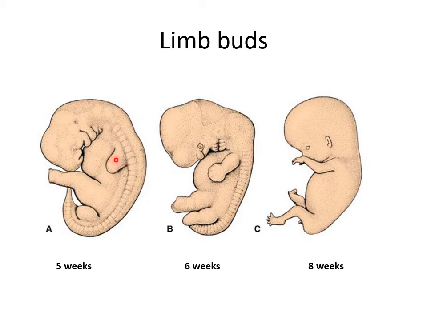This core of mesenchyme is derived from the parietal layer of the lateral plate mesoderm, and it's covered superficially by ectoderm here and here. Ectoderm at the distal border of the limb bud thickens to form the apical epidermal ridge.